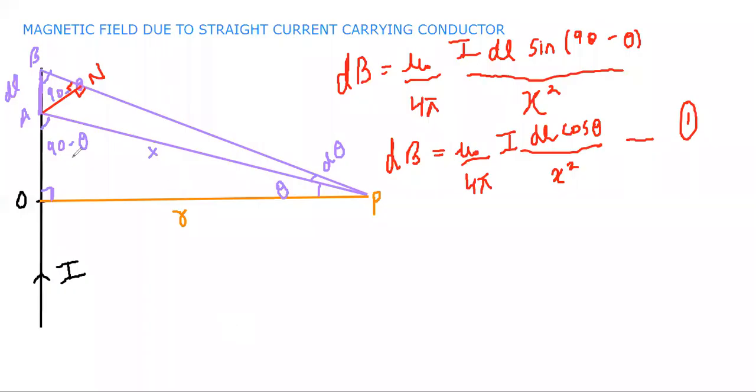Now, if you consider triangle A and B, and use the formula sine 90 minus theta: sine is perpendicular divided by hypotenuse. So in this triangle, perpendicular is AN and hypotenuse is AB.